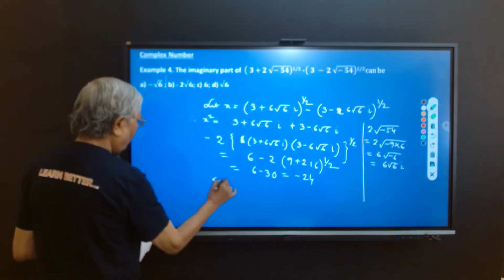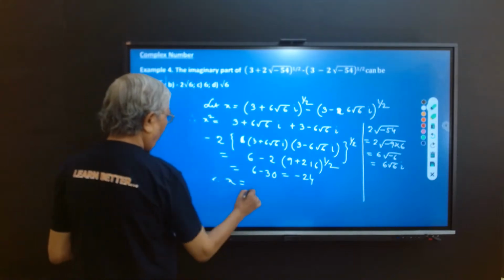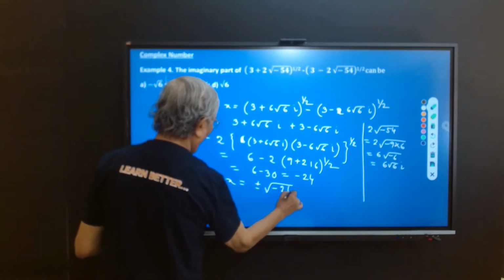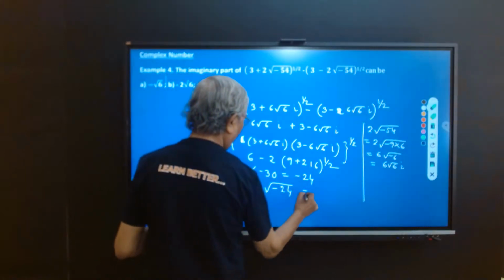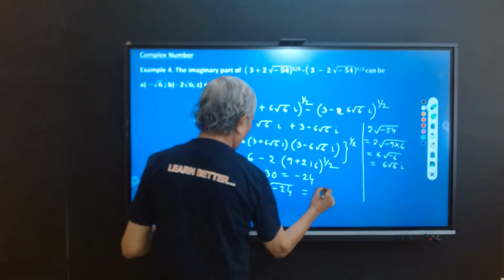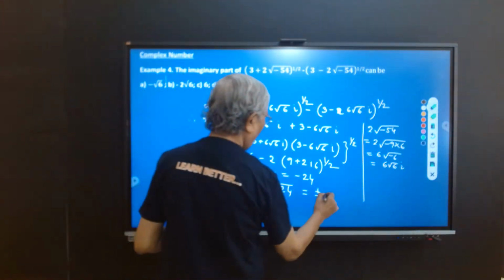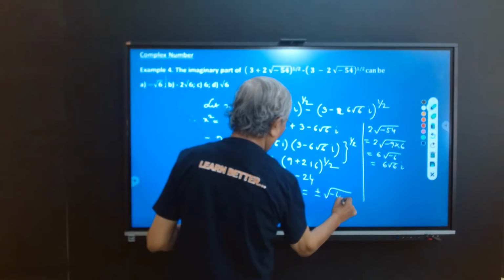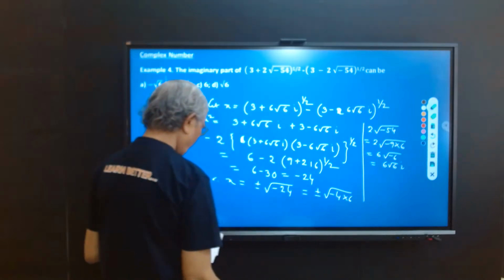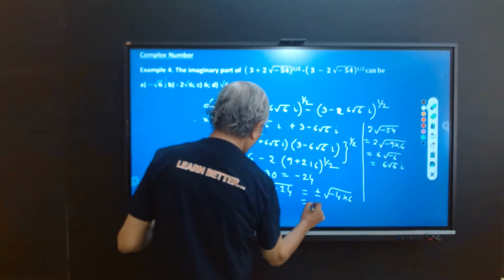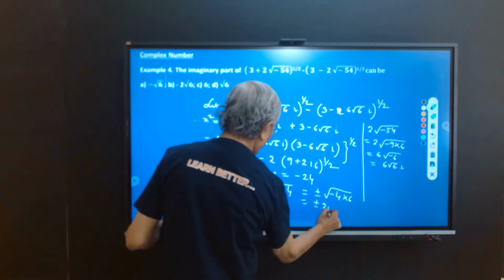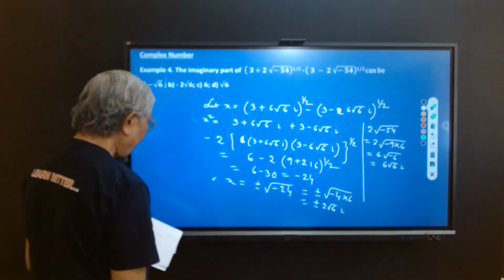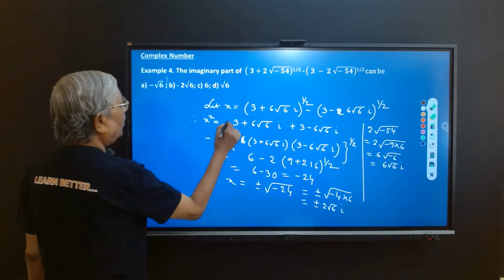Therefore, x is equal to plus minus root over minus 24, that is equal to plus minus. Therefore, the imaginary part of x means this expression.